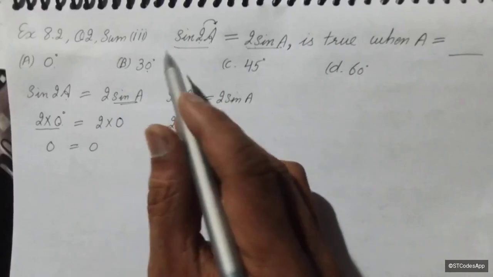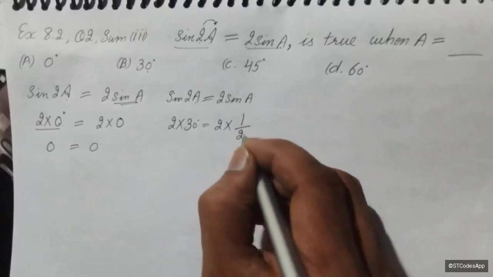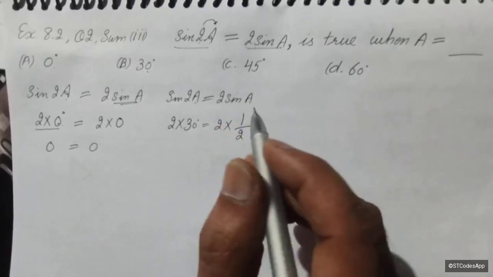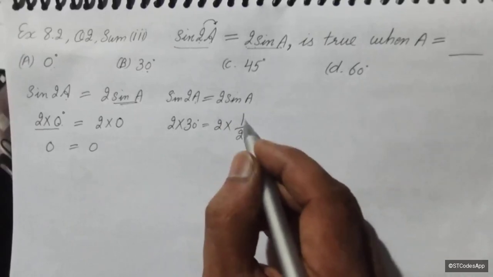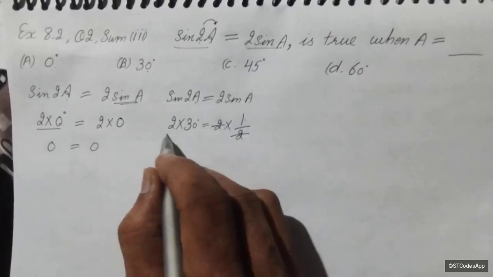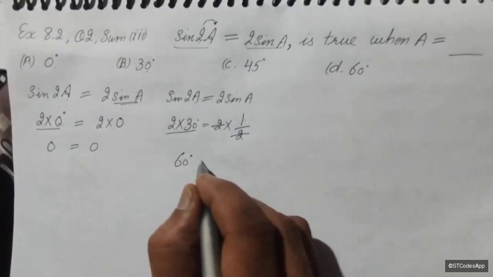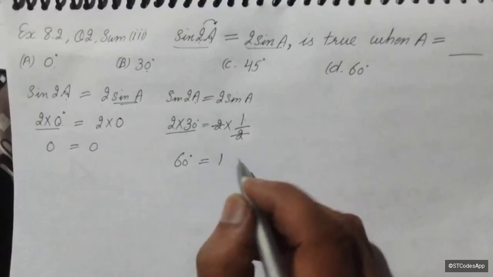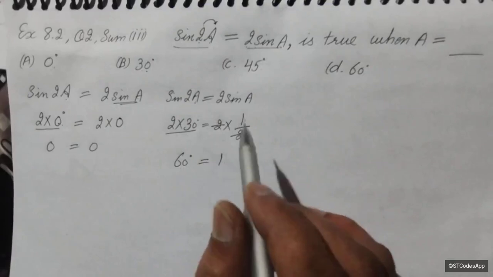In the table, the value of sine 30 degree is 1/2. So 2 with 2 cancels, and 30 degree multiplied by 2 is 60 degree. Sine 60 degree is equal to 1. So here we got 1.